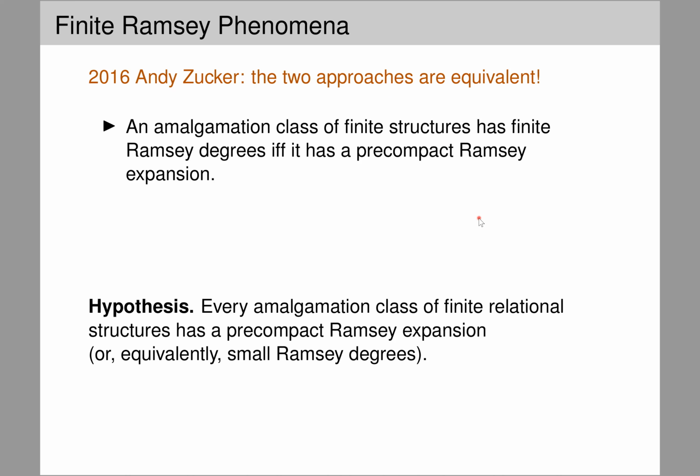So from the situation where we were really desperate that no class of structures has this very strict Ramsey property, which is indeed the case, if we relax the notion and look for precompact expansions or small Ramsey degrees, which is the same thing, we end up with the hypothesis that every amalgamation class of finite relational structures has a precompact Ramsey expansion, or small Ramsey degrees.